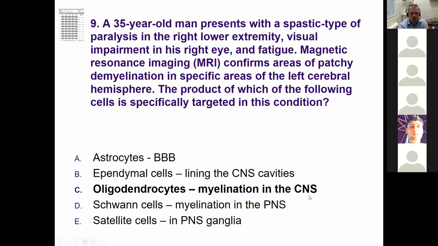If we're discussing the brain, we're discussing the oligodendrocytes that are producing the myelin. This is a central type of myelin, which has a slightly different composition than the myelin in the peripheral nervous system. So you can see most students pick the right answer, the C.